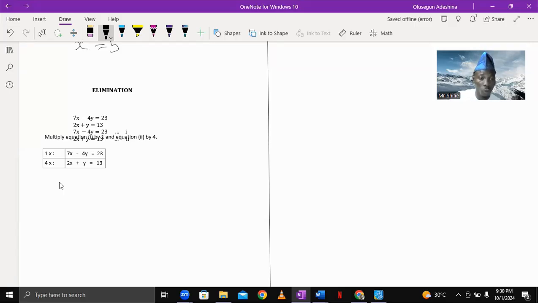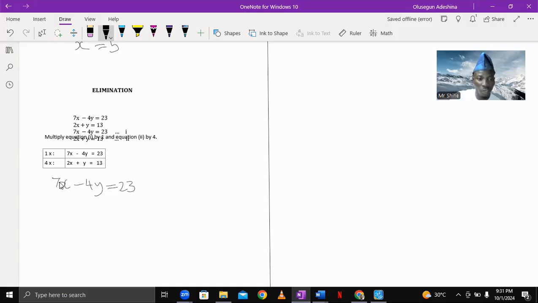So let's go. 1 times 7x gives us 7x. 1 times minus 4y gives us minus 4y equals 1 times 23 gives us 23.